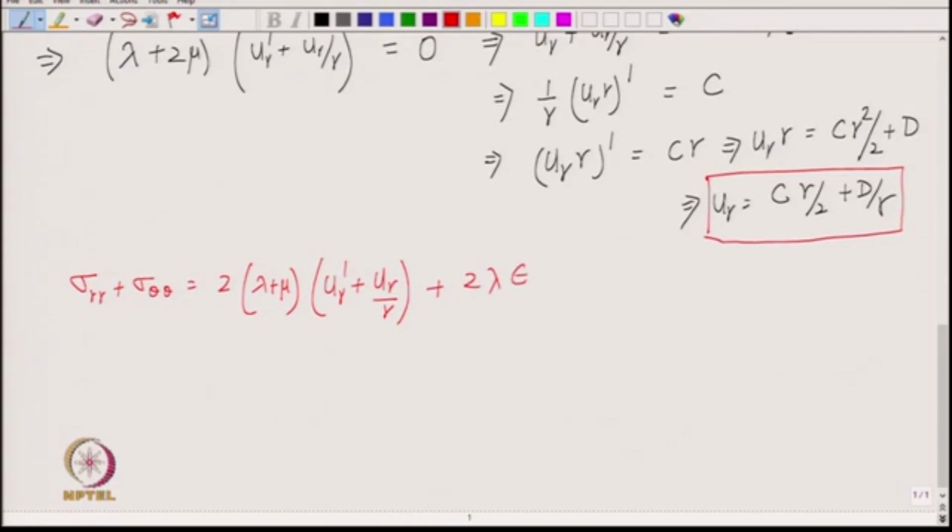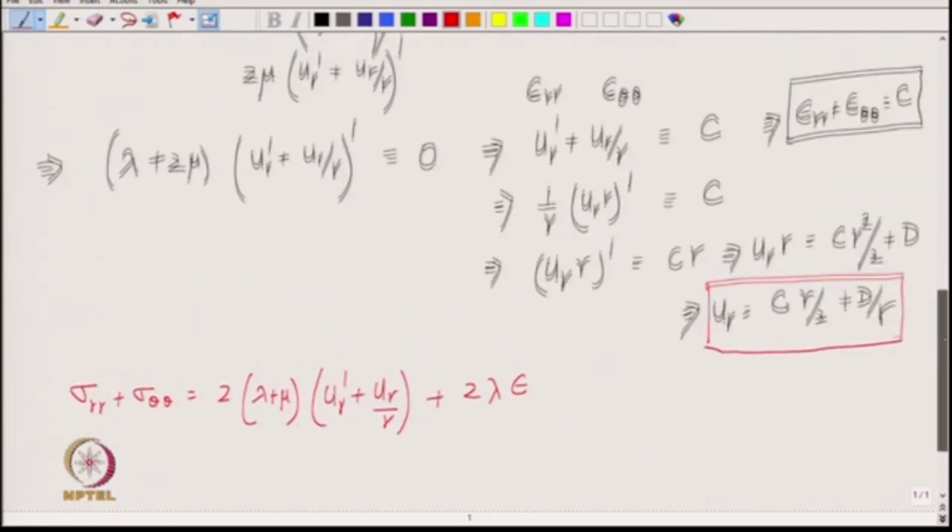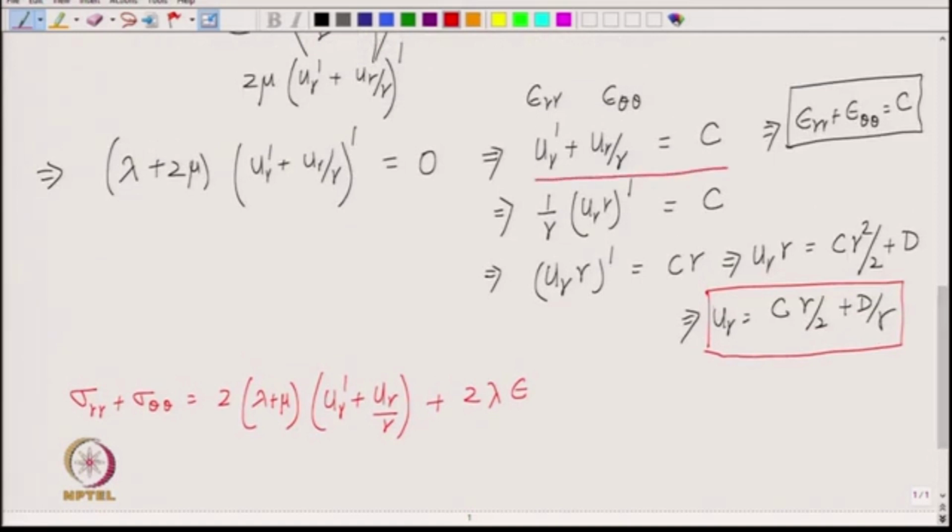But then we know that u_r' plus u_r by r is a constant. So, this is equal to 2 times (lambda plus mu) into this constant c plus 2 times lambda into epsilon. You see, on the right hand side everything is a constant. So, it also tells us that the sum of the radial stress and hoop stress is equal to a constant.